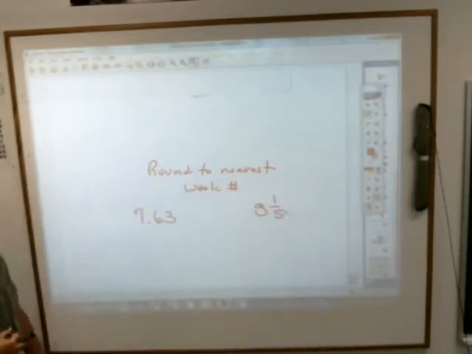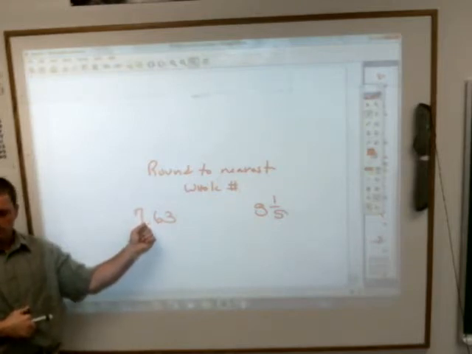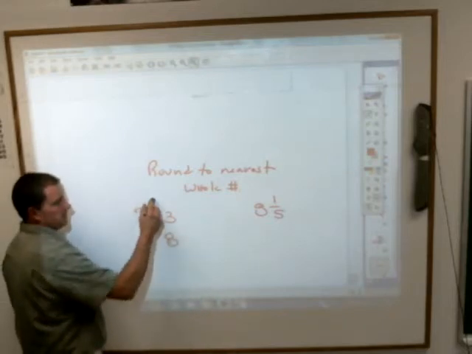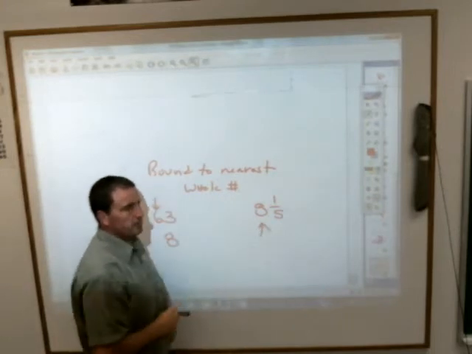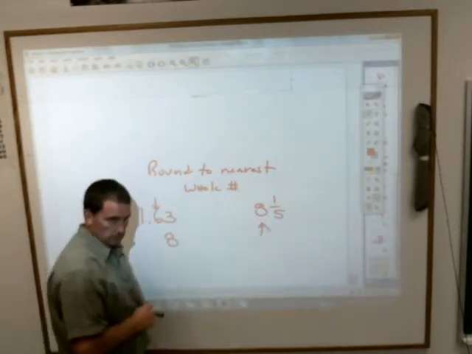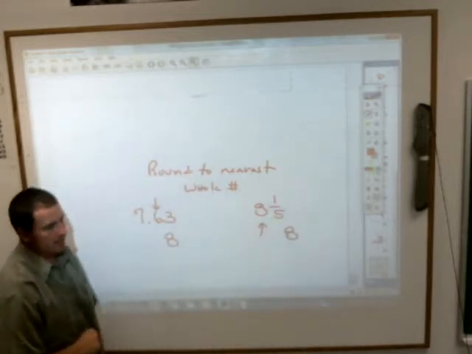Those are my two examples. If I round this one to the nearest whole number, it is going to be, Josh? 8. Because this 6 was more than half. If I round this to the nearest whole number, it's going to be, Taylor? 8. 8 as well, because that fraction is less than a half.